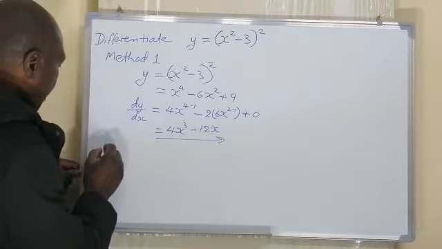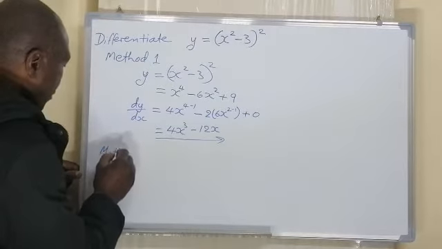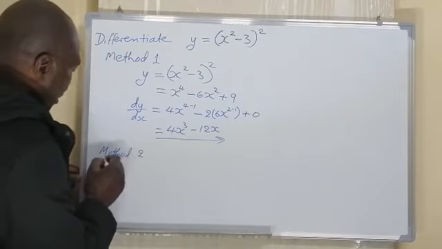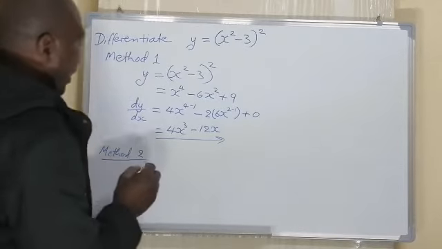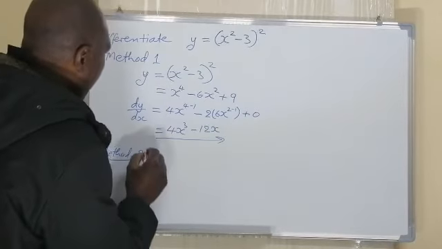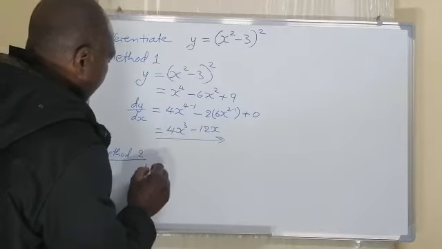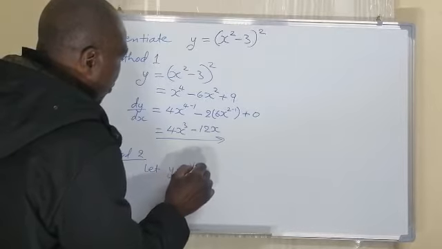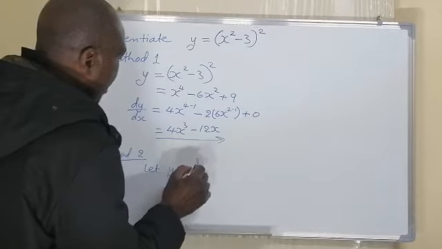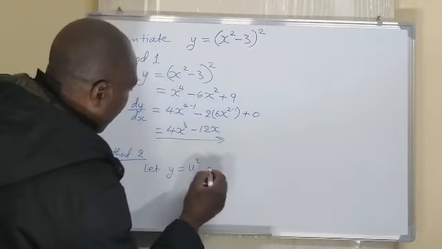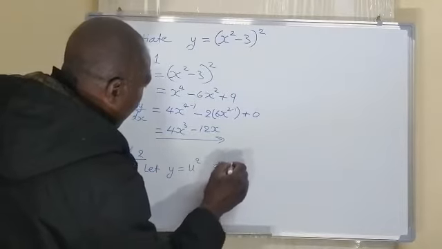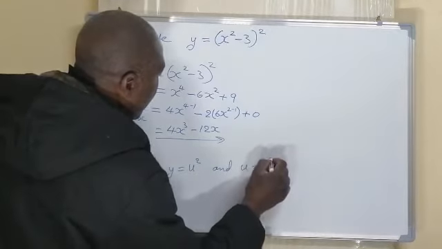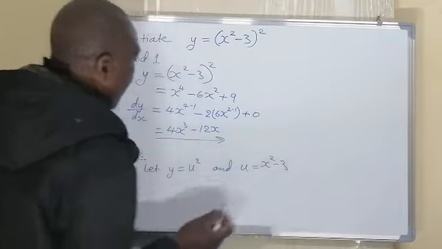The second method, we can say let y be equal to u squared, and u is equal to x squared minus 3.